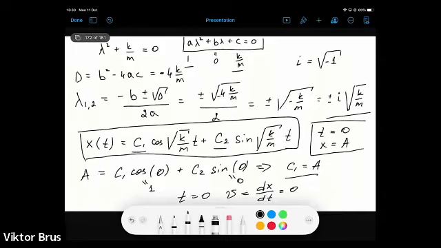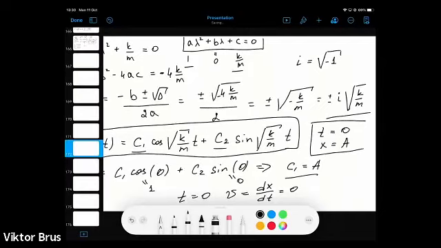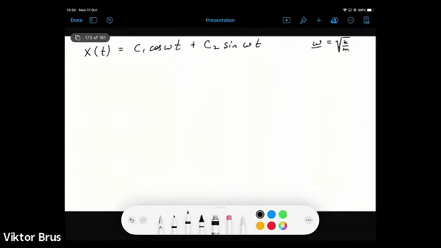But instead of square root of k divided by m, we put omega. So this is our substitution. So now we take the first derivative, dx over dt. That is equal to C1.